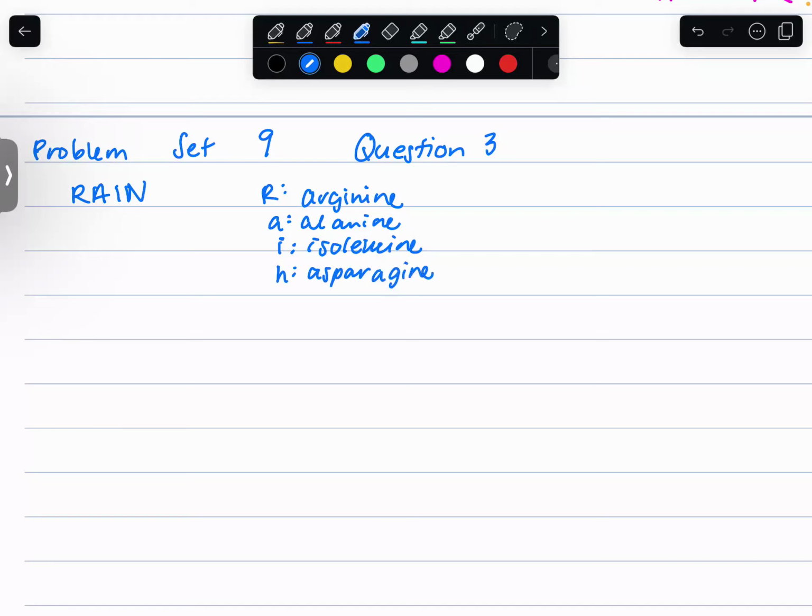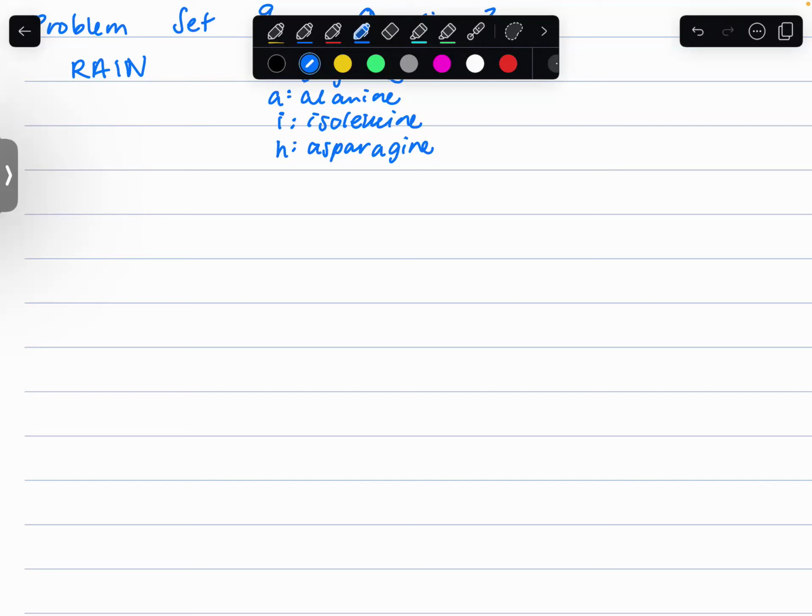So now that you know what 4 amino acids you have, you can go to your little table and look up what those R groups on them are. That's what R's. So you can just start with the basic shape of an amino acid and then fill in the R groups later.